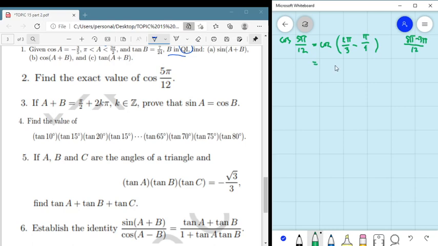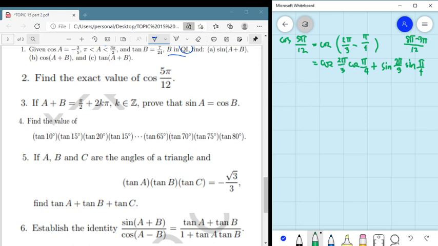Okay? Since it is cosine, with the minus, it should be cosine 2 pi over 3, cosine pi over 4, then minus becomes plus sine 2 pi over 3, sine pi over 4.